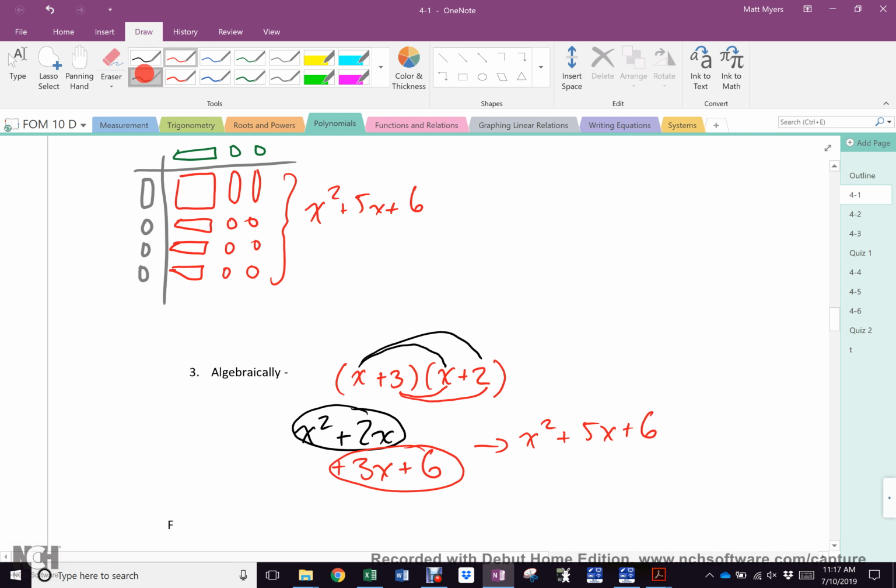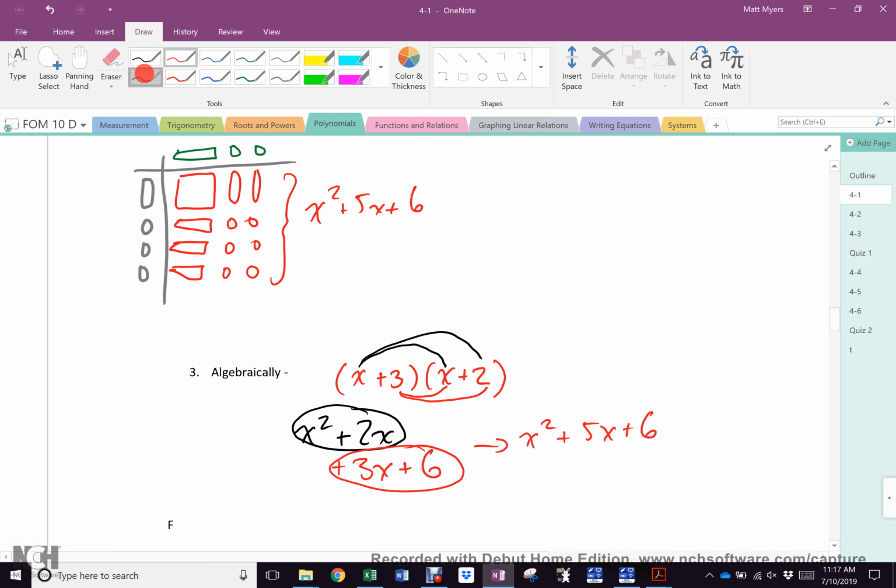What has happened here is I have done double distribution. Now, every one of your teachers calls that FOIL. You've all seen this before.